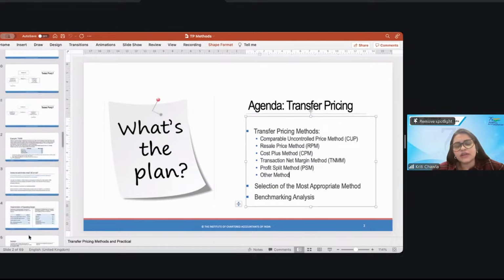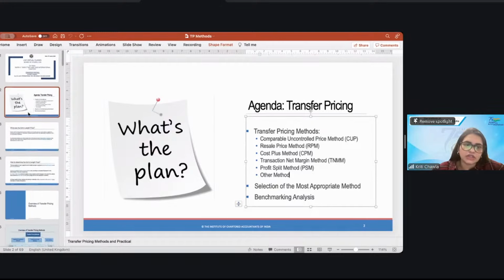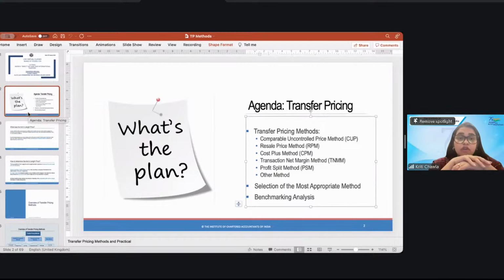It's going to be very practical also today. I will be covering the transfer pricing manual that you have from the institute. But my idea will also be to give you just a bit of practical exposure on how transfer pricing is actually conducted. My objective for today will be to actually put everything into perspective.